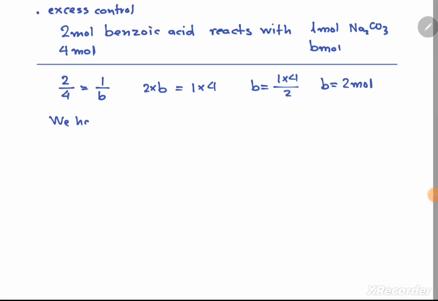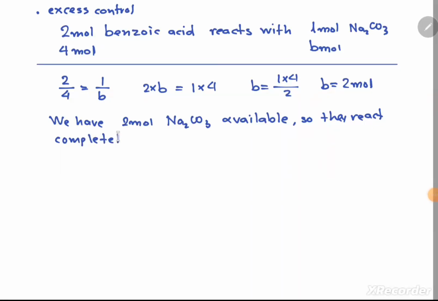We have 2 moles sodium carbonate available, so they react completely with each other.